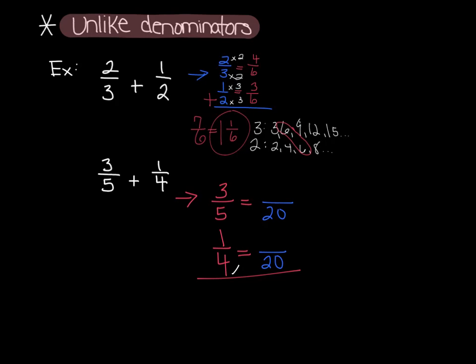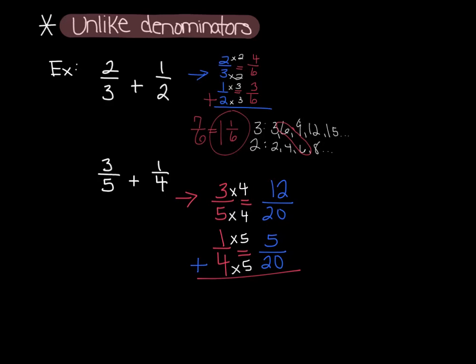Now, ask ourselves, how do we get from one denominator to the other one? Here we multiply times 4, and down here we would multiply times 5. Same thing that we did on the bottom to the top on both fractions. This allows us to get 12 over here and 5 as our numerator in this fraction.